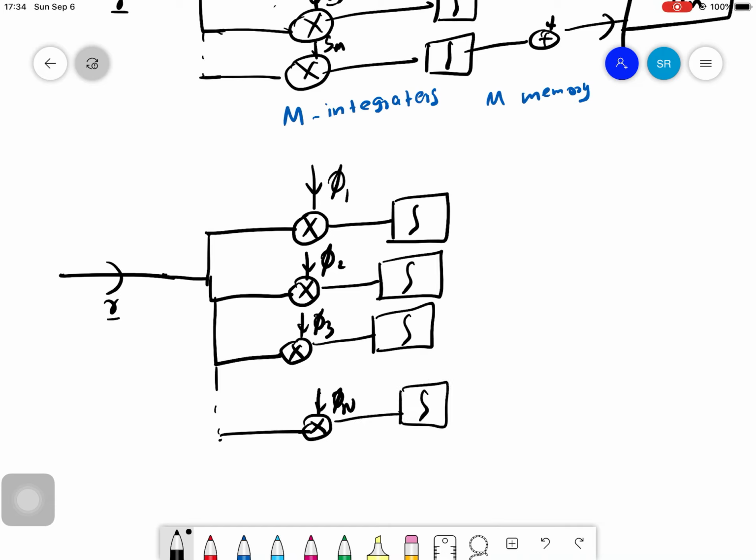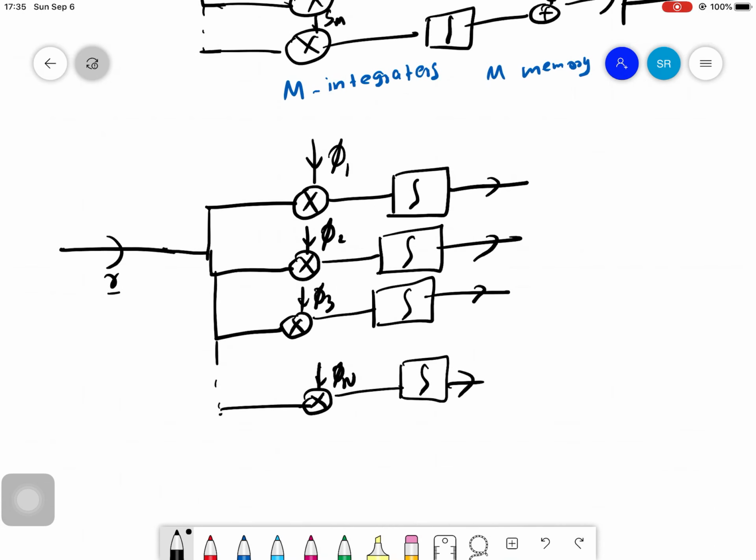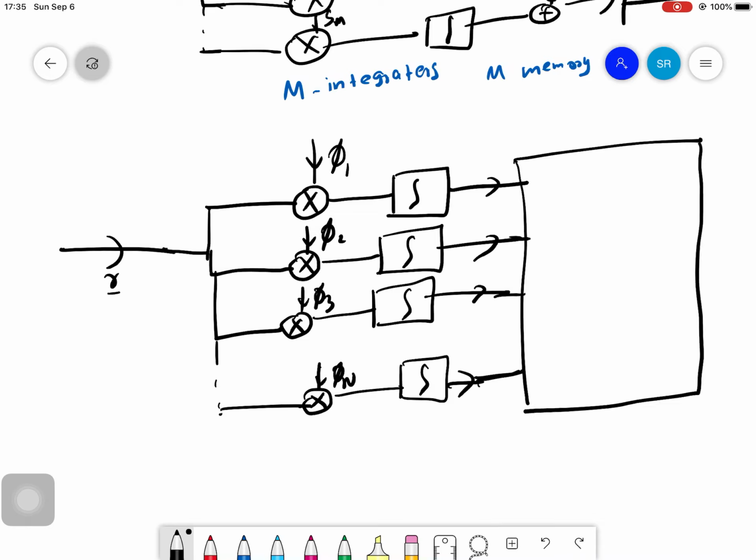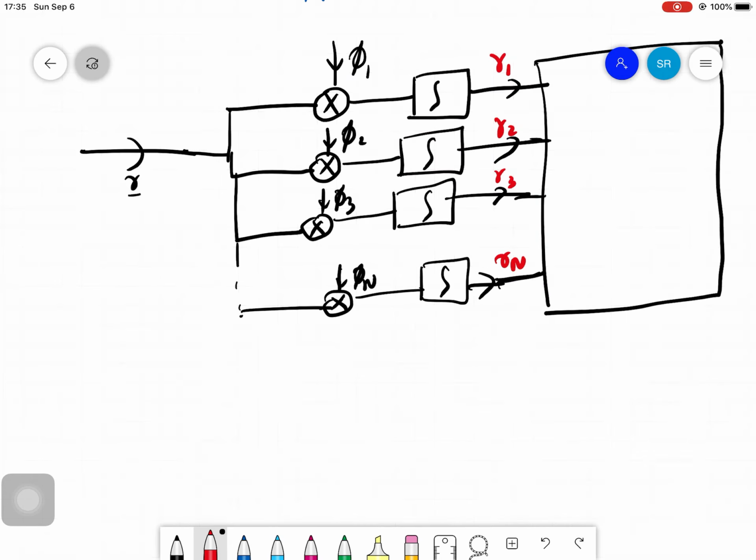Now what I'm going to do is feed this to some sort of control unit or computer or anything the system might decide, the decision making process. It will receive this component, which is equivalent to my R vector, Rn.